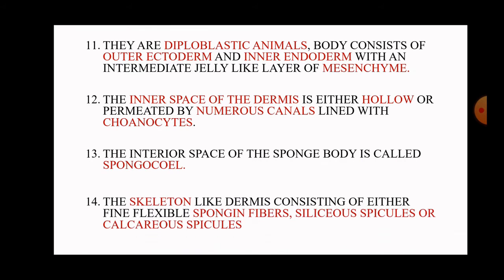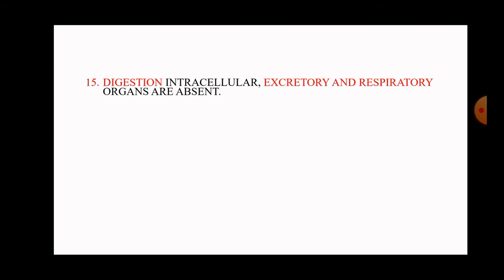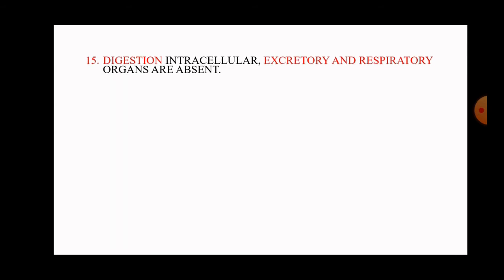Actually, the skeleton-like dermis consists of either fine flexible spongin fibers, siliceous spicules, or calcareous spicules. Almost all these animals have the capacity of intracellular digestion, and we could not find any excretory and respiratory organs in these animals because they are absent.